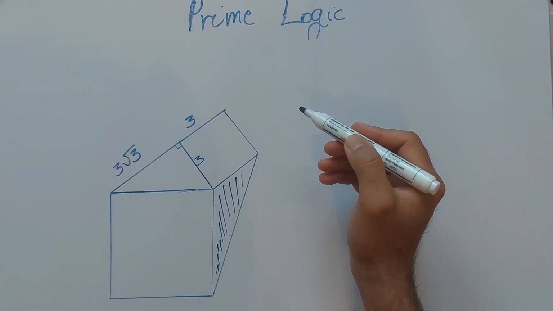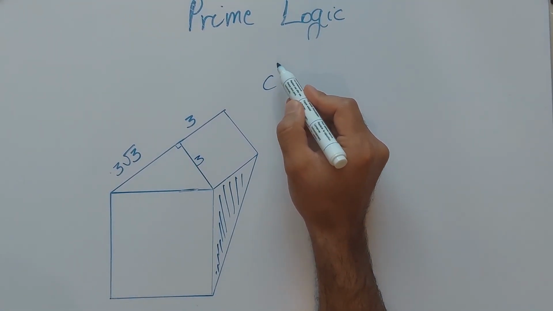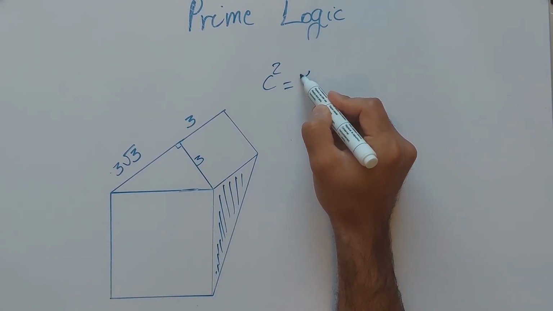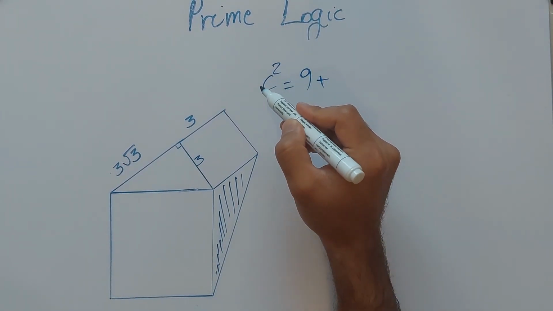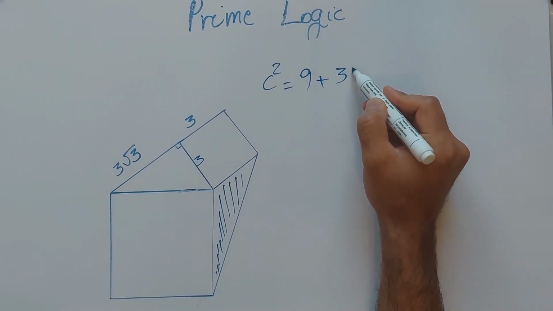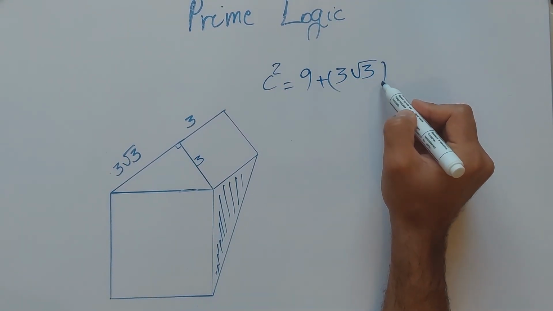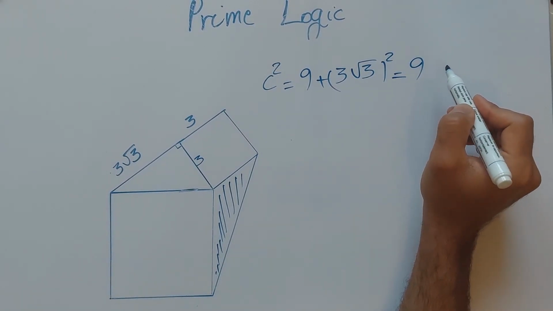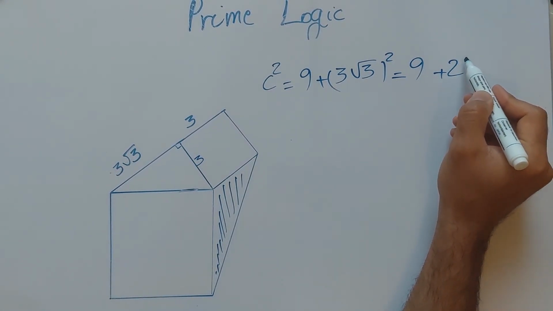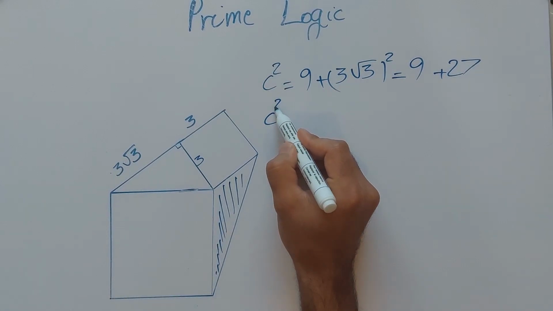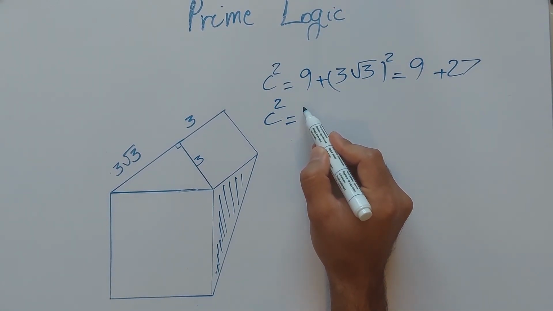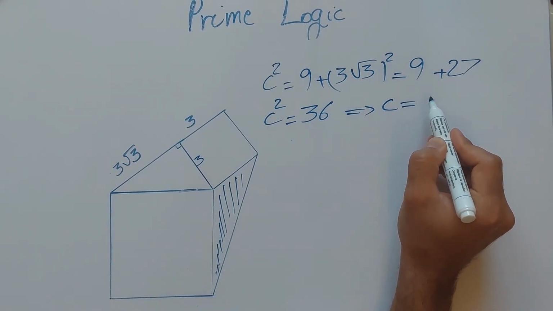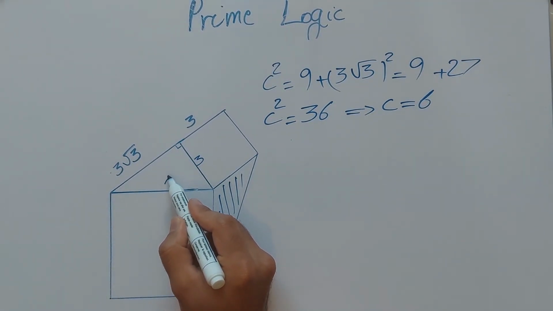So c squared equals 3 squared, which is 9, plus this side squared, 3 square root of 3 squared. So it is 9 plus 27. So c squared equals 36. In other words, the hypotenuse is just 6 units.